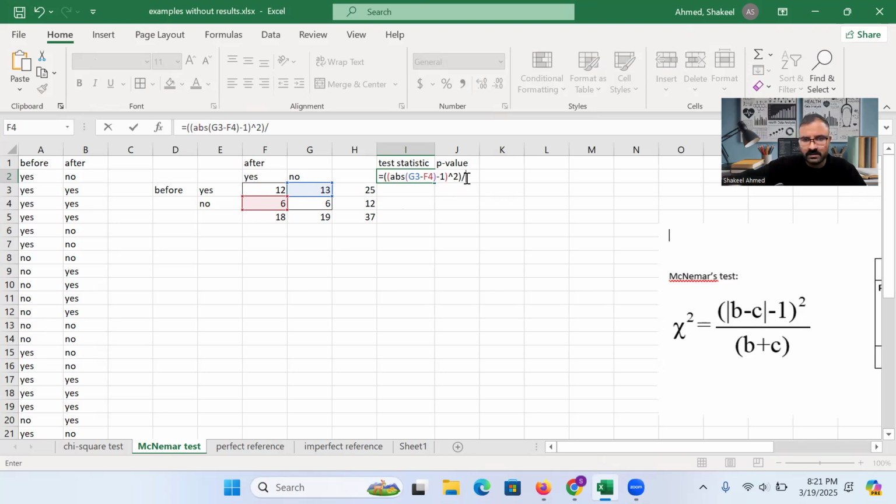This quantity will be divided by 13 plus 6, B plus C.